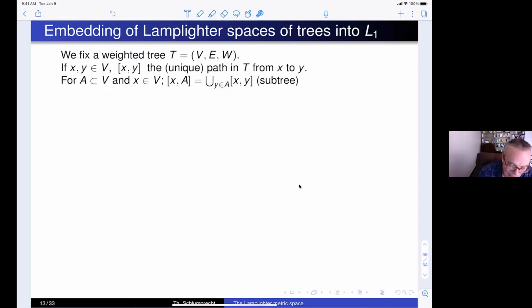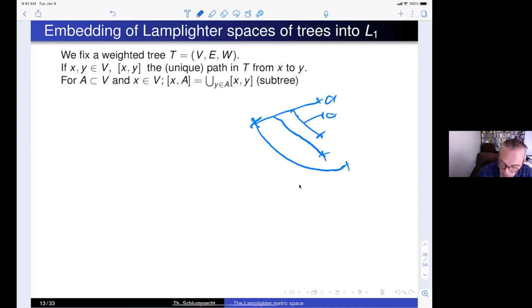Then for any subset A of V, I define [x, A] simply as the union of these paths. So you have here x, and then you have here some points of A, like that, and another point of A. So it's simply a subtree, where of course there could be an A here, but all the leaves of this tree will be in A.